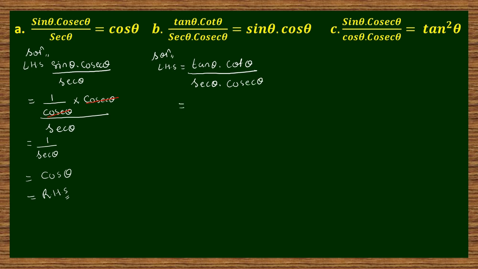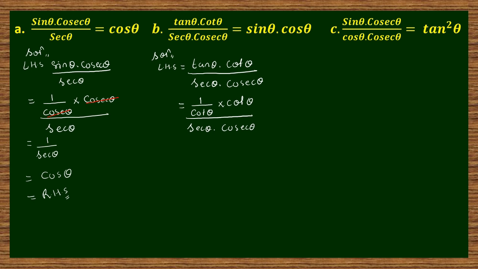So again the situation is the same as question A. Tan theta into cot theta is equal to 1. So in place of tan theta we can use the formula that tan theta is equal to 1 by cot theta, and the remaining cot theta will be as it is, and in the denominator we'll write as it is, that is sec theta into cosec theta.